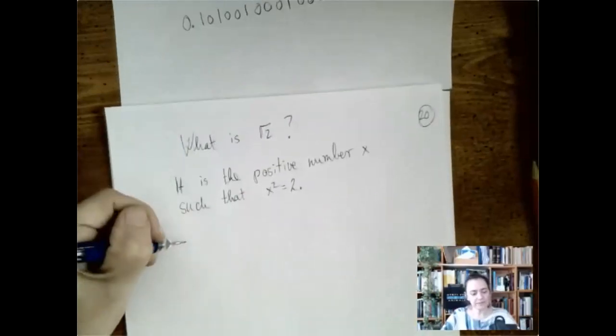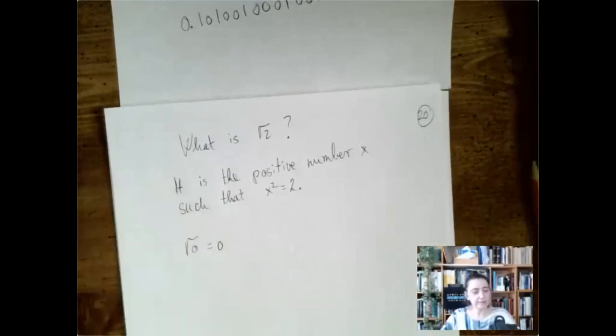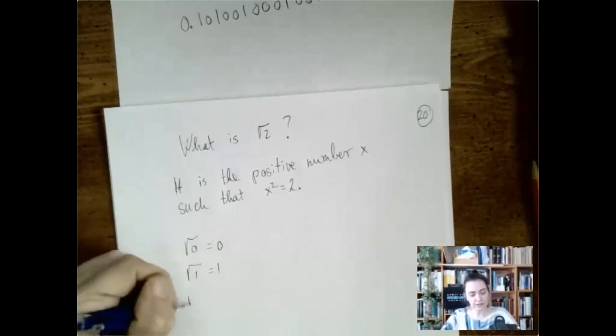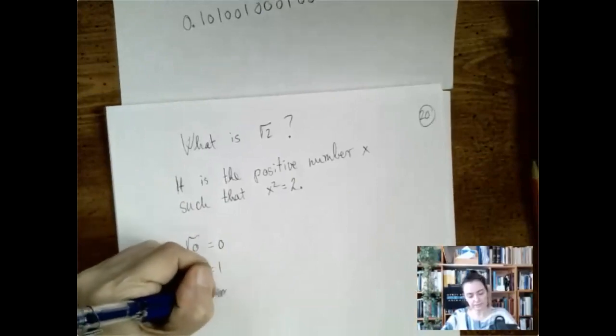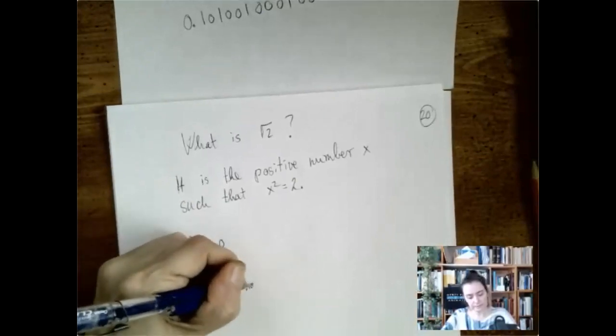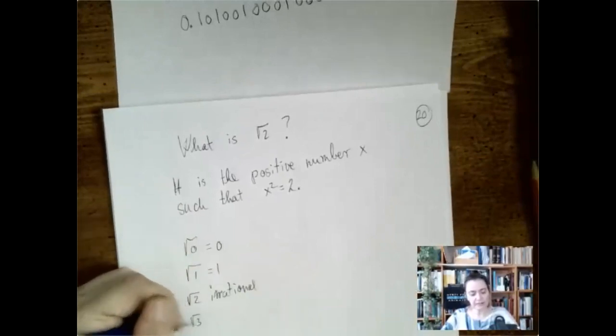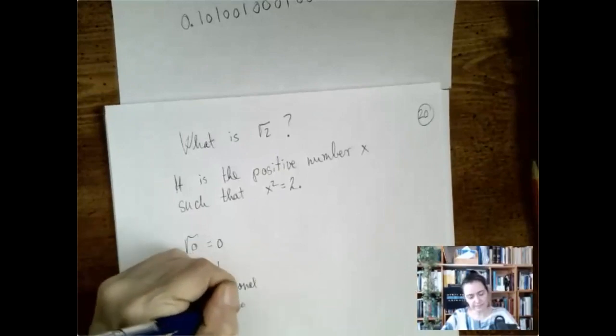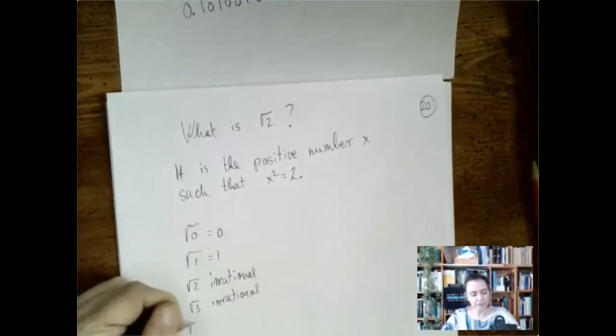And so square root of 0 is 0. Why? Because 0 squared is 0. Square root of 1 is 1. Square root of 2 is irrational. Square root of 3 will be irrational as well. Square root of 4 is nice again.